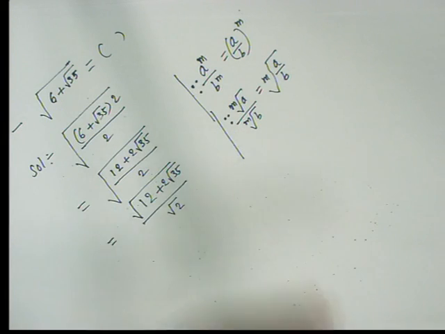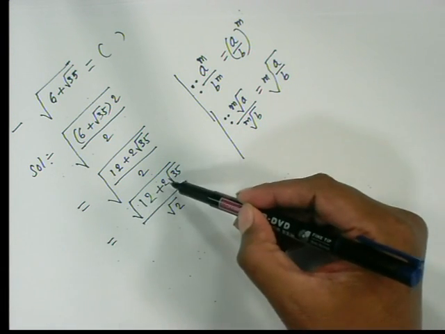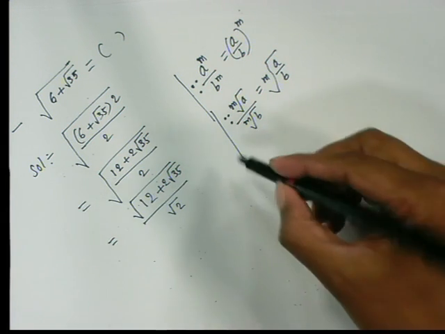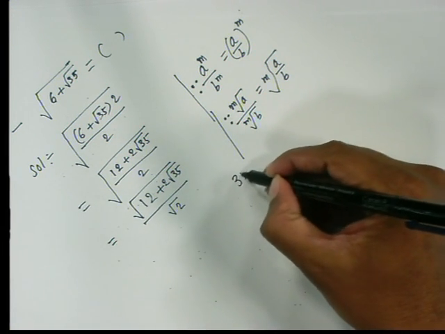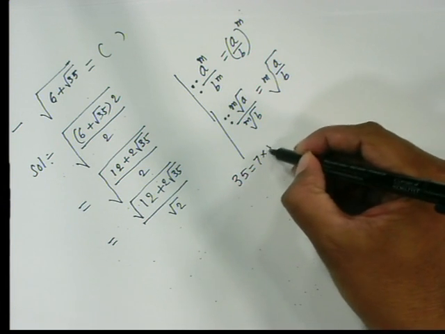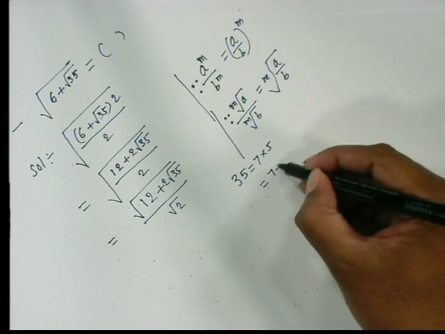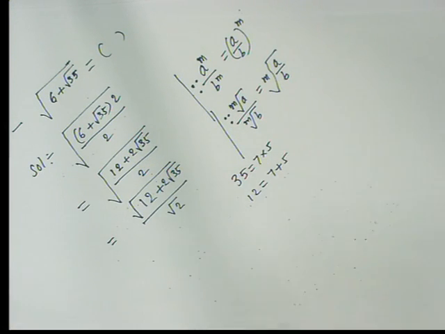Now, numerator by denominator. Just observe the numerator, that is root of 12 plus 2 root 35. What are the factors of 35? 35 factors are 7 into 5. What is 7 plus 5? That is 12.